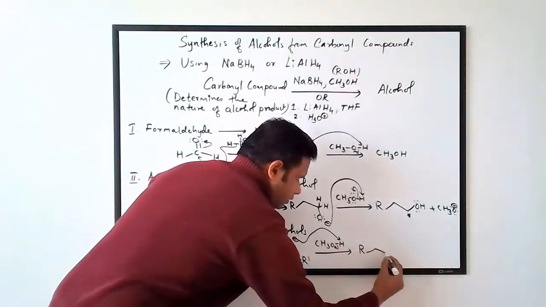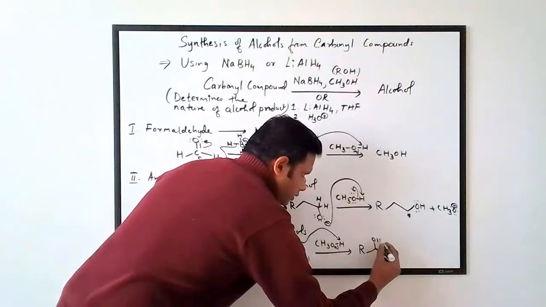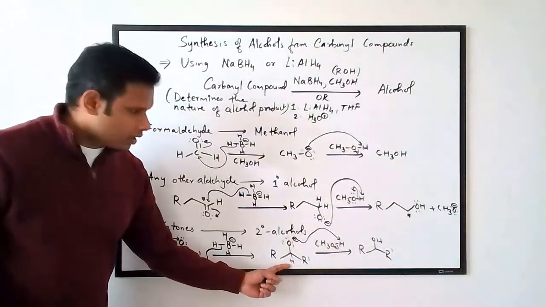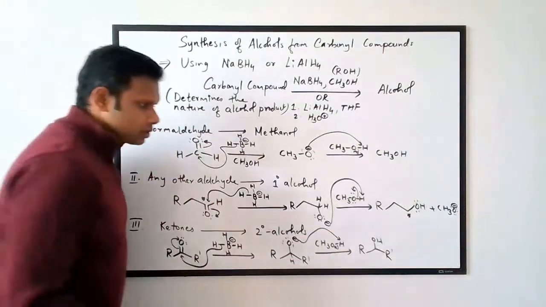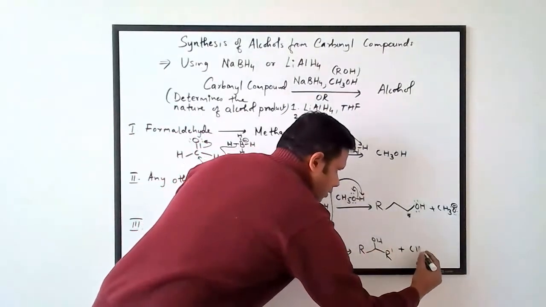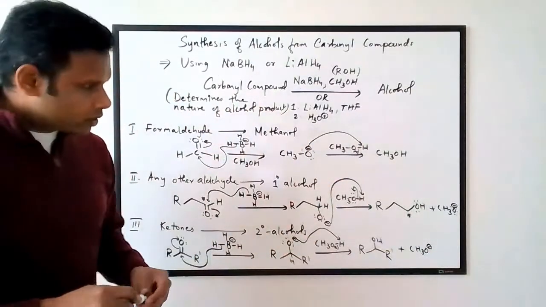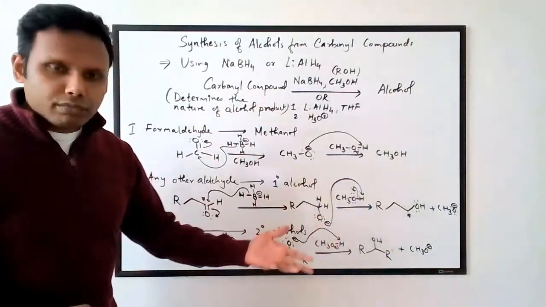And so it would give us the secondary alcohol. I basically hid that hydrogen because we're working with bond line structures, plus methoxide. And again, when you do that workup, the methoxide gets converted into methanol.